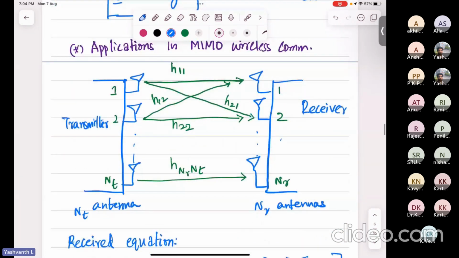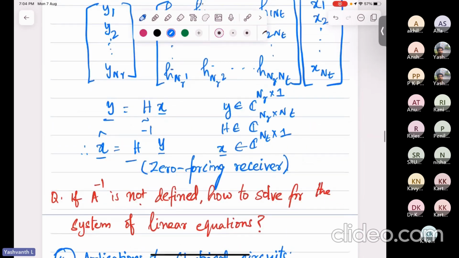If I want to find the transmitter vector from the received equation. Suppose I know y, that is what I observe at the receiver, and H is the channel between the transmitter and receiver, which by some means let's assume that you know at the receiver. But x is the data that the transmitter wants to communicate with me, and I want to decode what the transmitter wants to communicate.